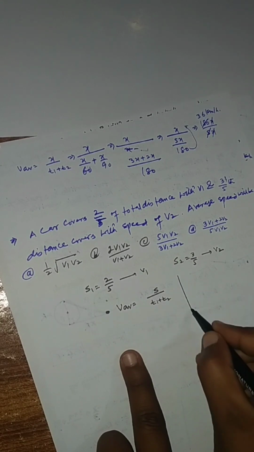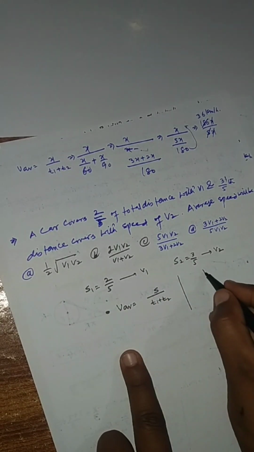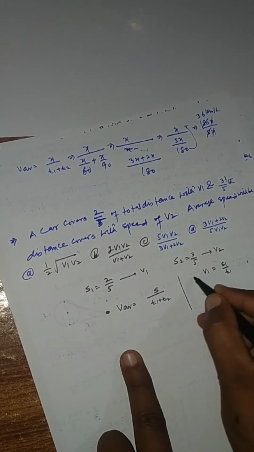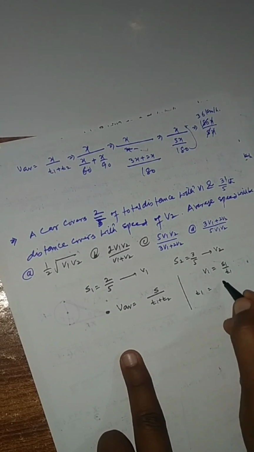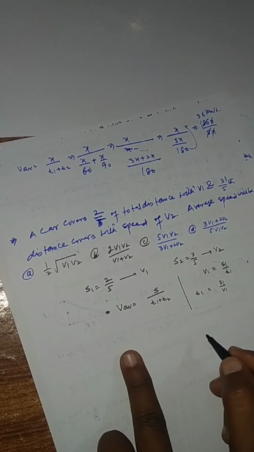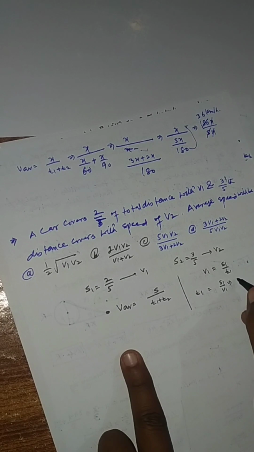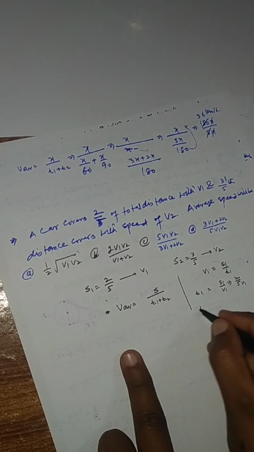If we calculate the time from S and V, v1 is equal to S1 over t1, and t1 is equal to S1 over v1. So what is S1? S1 is equal to 2 over 5 S, and this becomes v1.